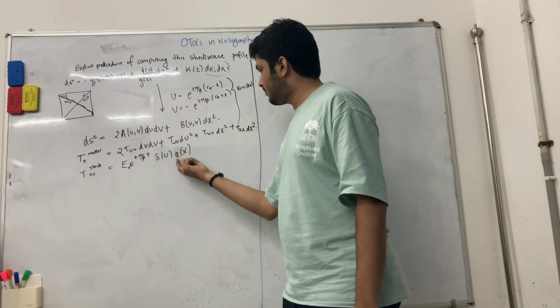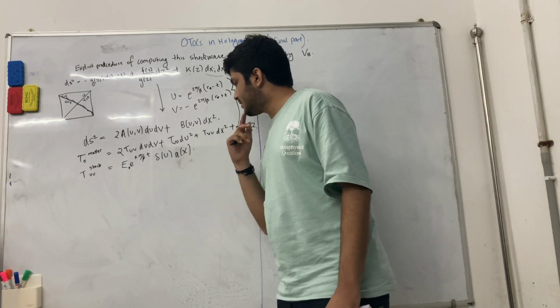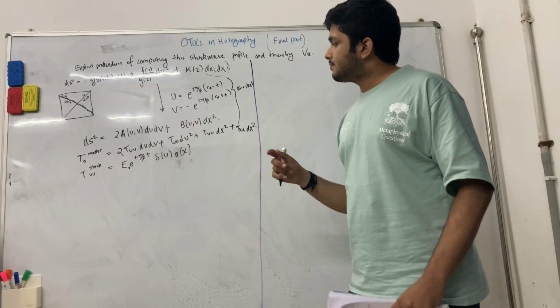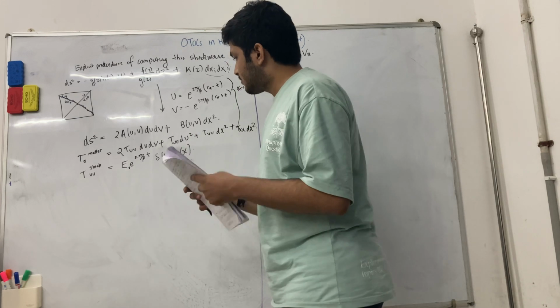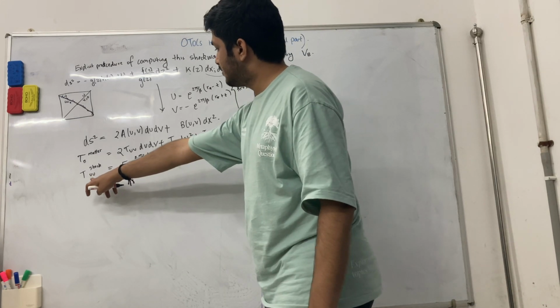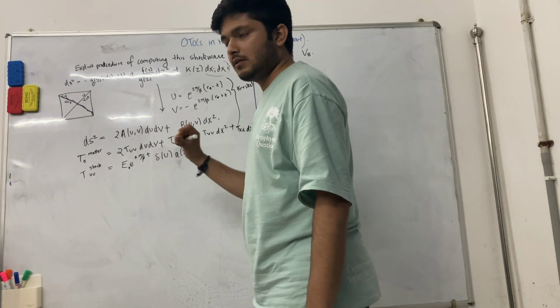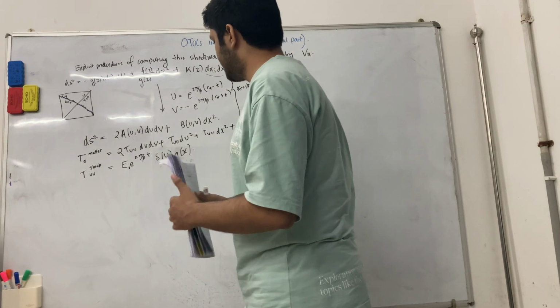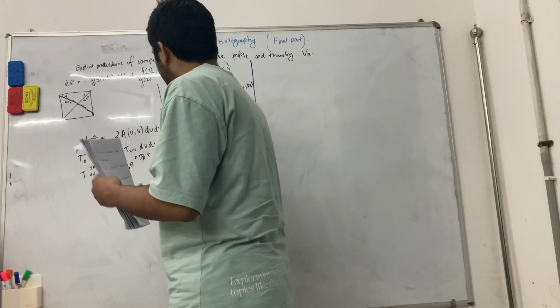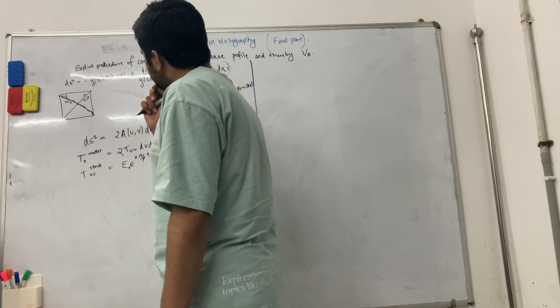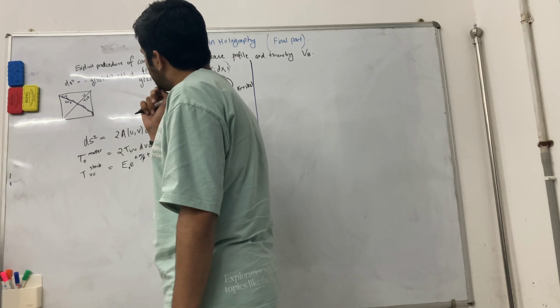This will depend on the type of perturbation that we are applying. Okay, so this is my perturbed part, the component that comes into the stress tensor due to the shock.